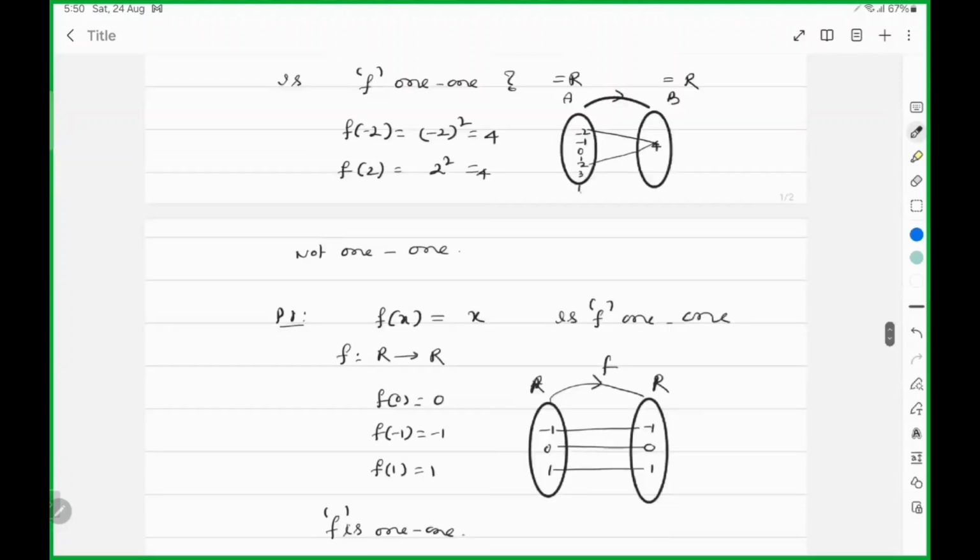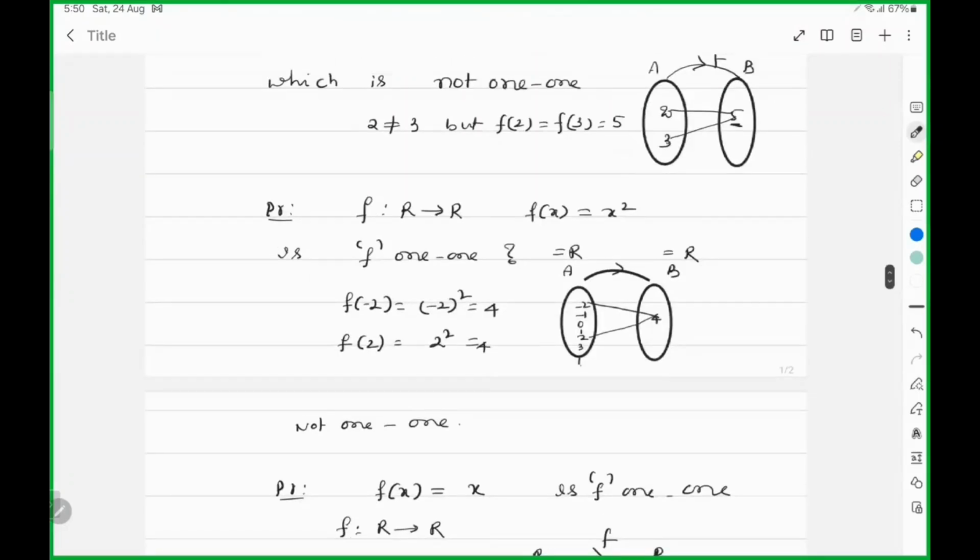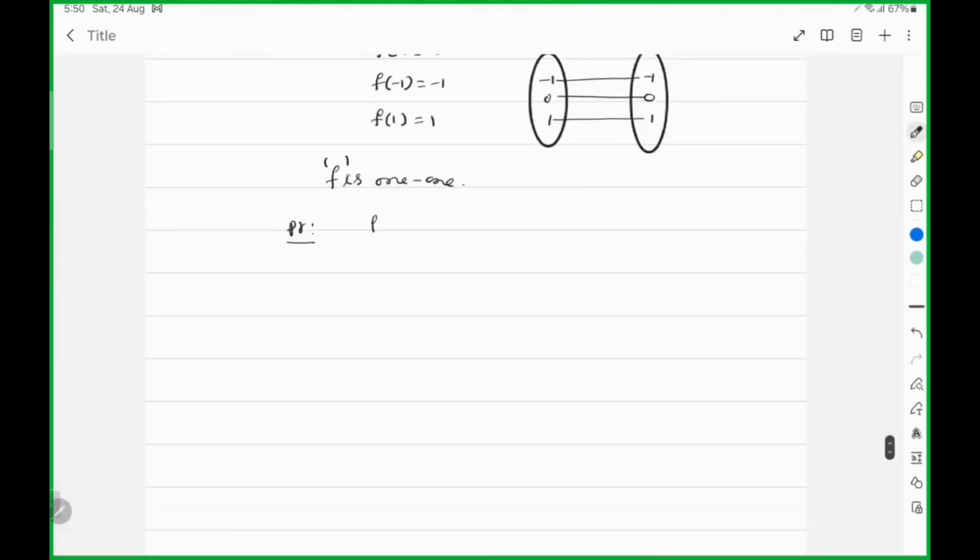Let us consider the same problem. f maps from R to R. I proved that it is not one-one by giving an example. But now I'll consider the same function and change the domain. Instead of real numbers, I take only positive reals in the domain.